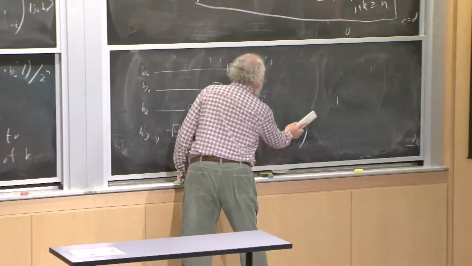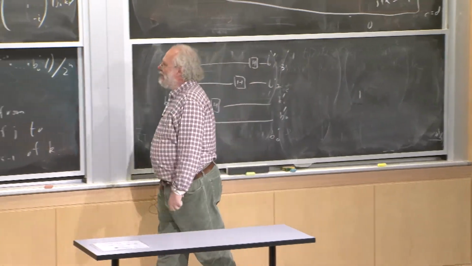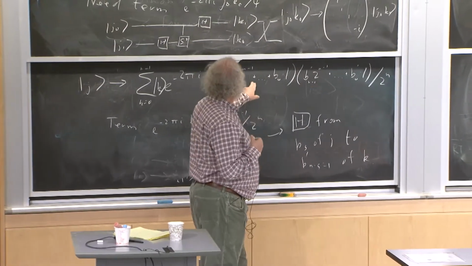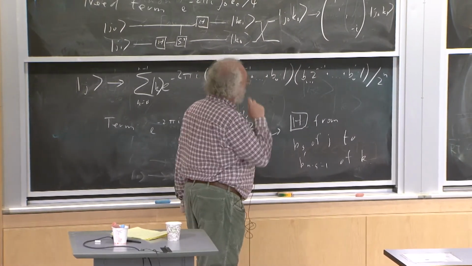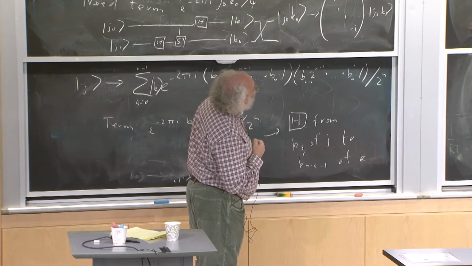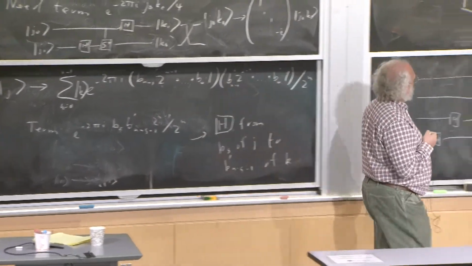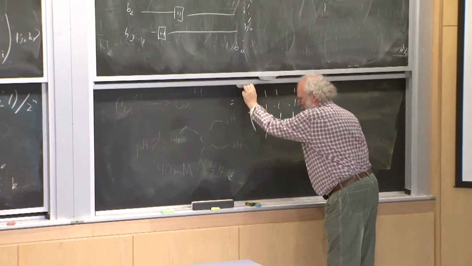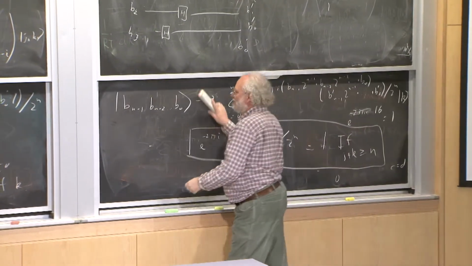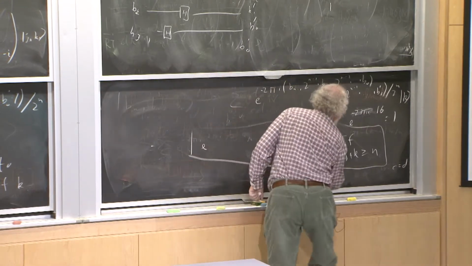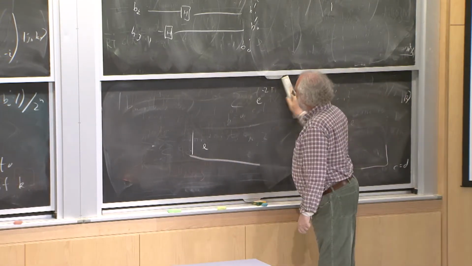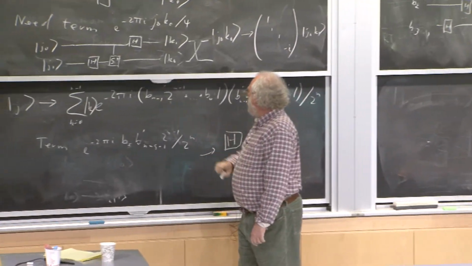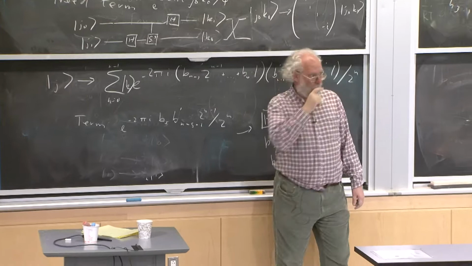And now we need to put in gates that do all these other transformations. So let's think about them carefully. We have b_s and b prime t.